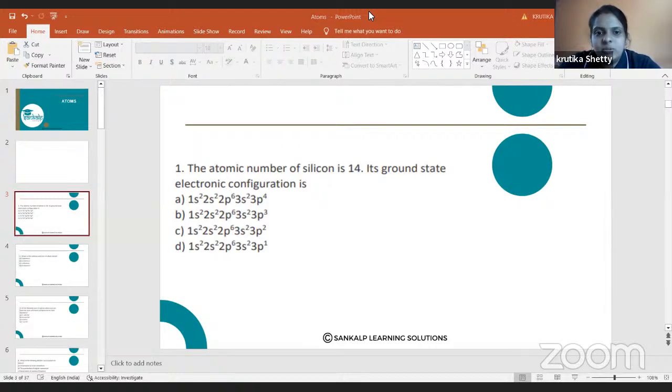Almost everybody knows this answer. It is option C. Nandish, Vidya, Damini, Asha, all are giving the answer. That is absolutely right. 1s2, 2s2, 2p6, 3s2 and 3p2.